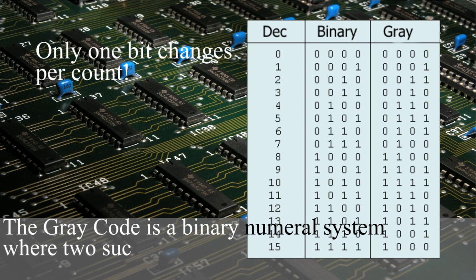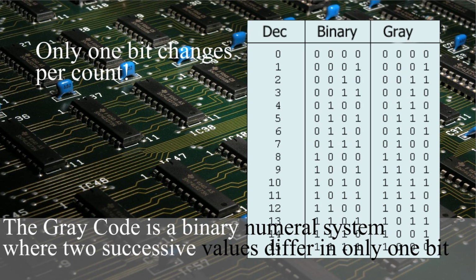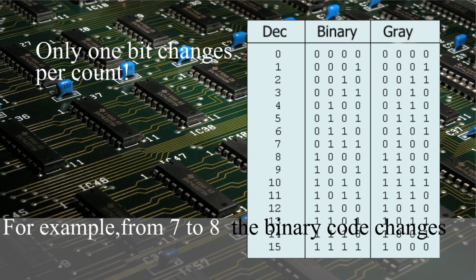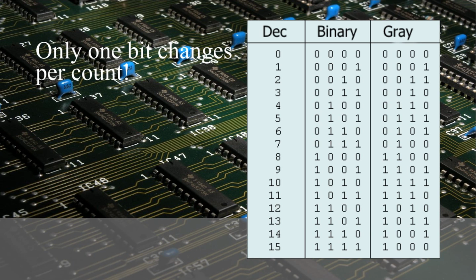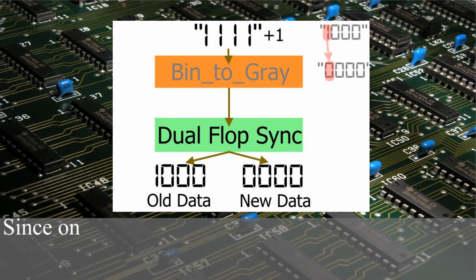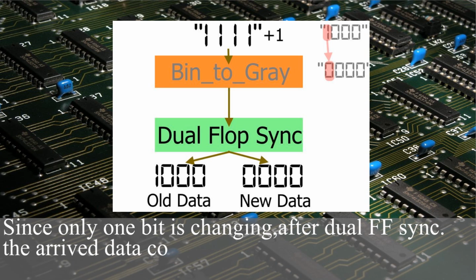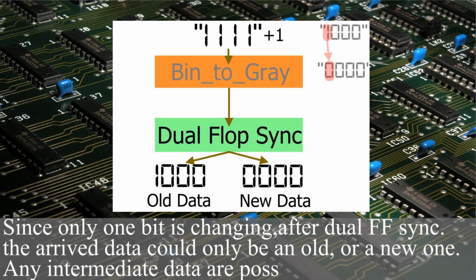The gray code is a binary numeral system where two successive values differ in only one bit. For example, from 7 to 8, the binary code changes all 4 bits, while gray code only 1. Since only 1 bit is changing, after dual flip-flop synchronization, the arrived data could only be an old or a new one.